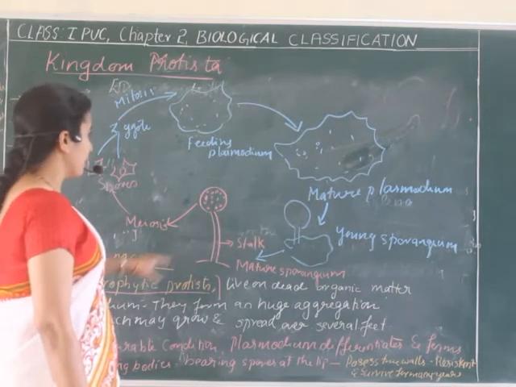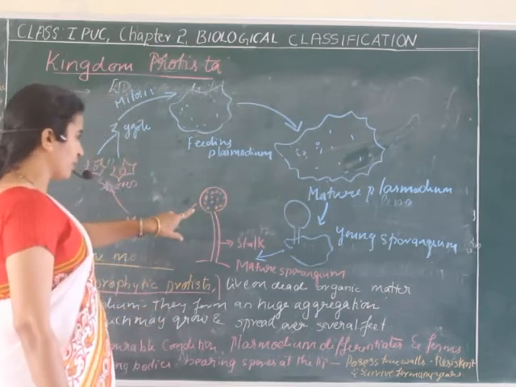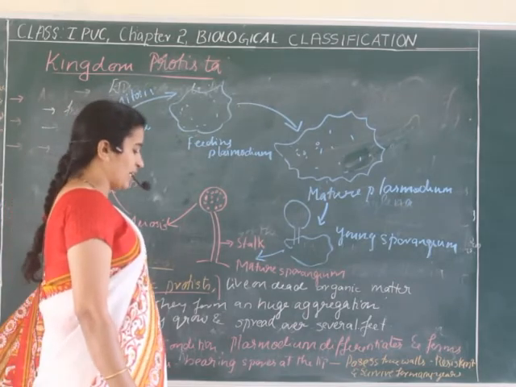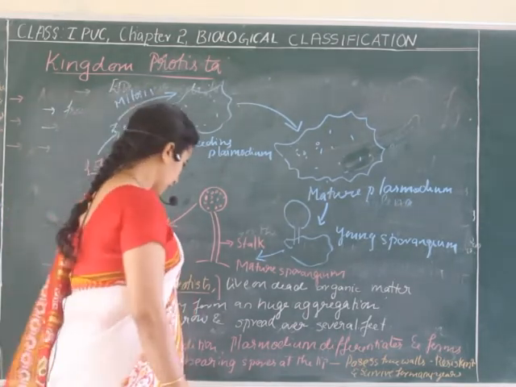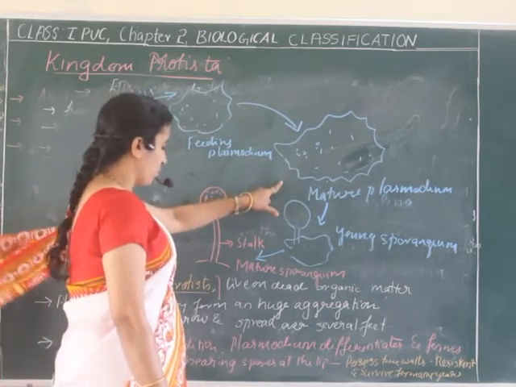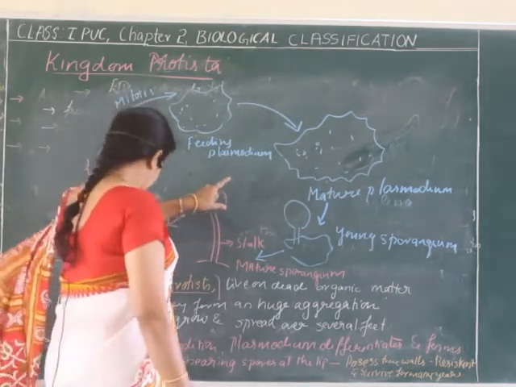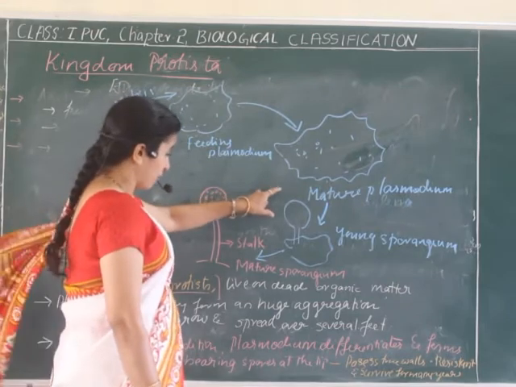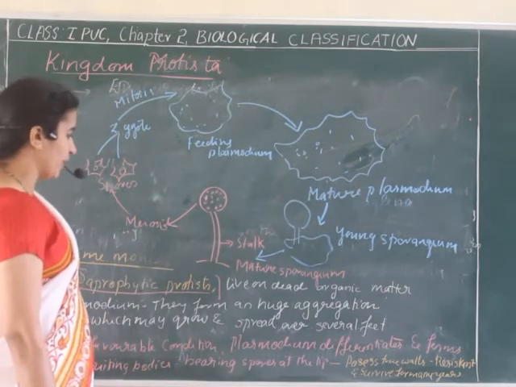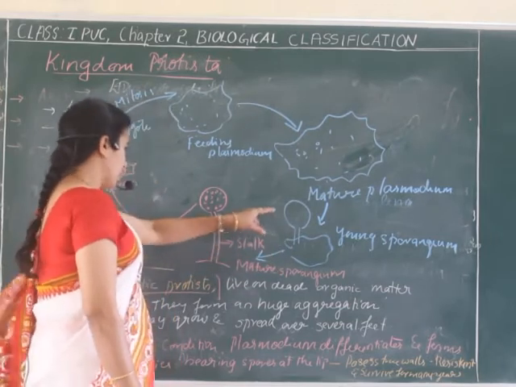So plasmodium, this is a mature plasmodium. This mature plasmodium is formed from these slime molds, which form a huge aggregation and grow and spread over several feet. Then, when conditions are not favorable, this plasmodium starts to differentiate and forms the fruiting bodies.